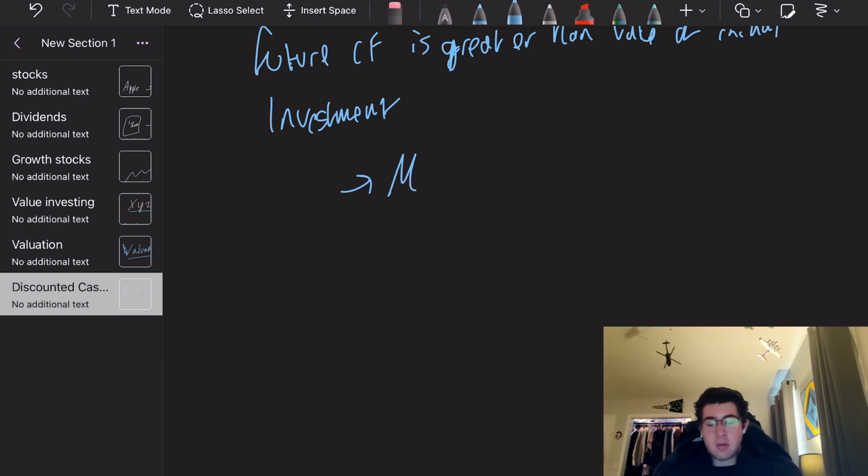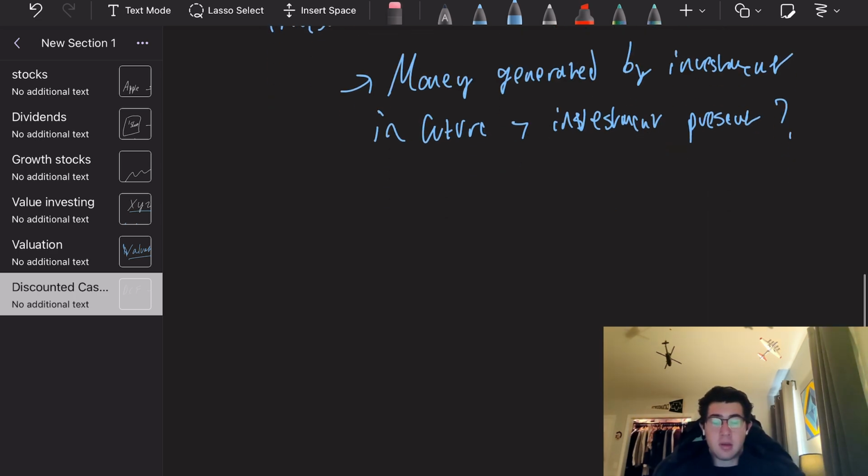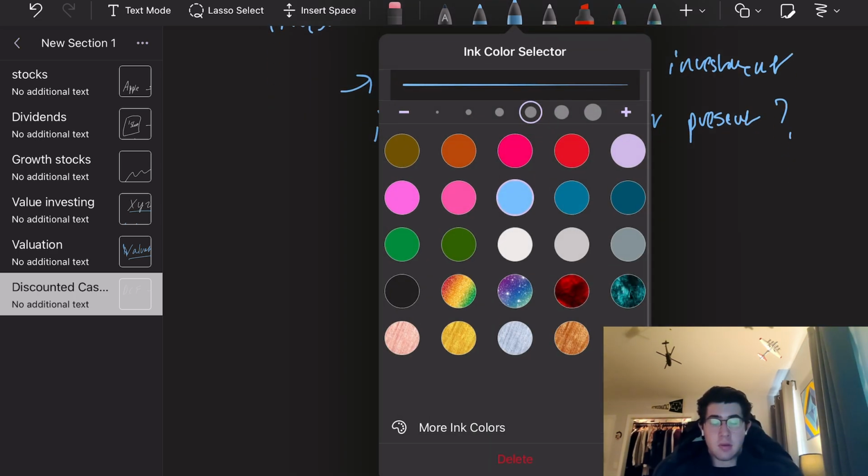So money generated by greater than the amount that's going to be invested now. And that's essentially the whole idea of this.